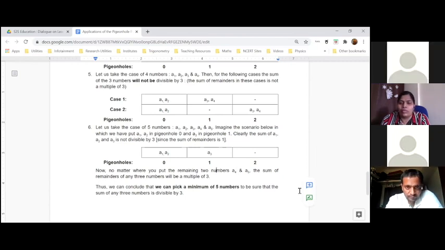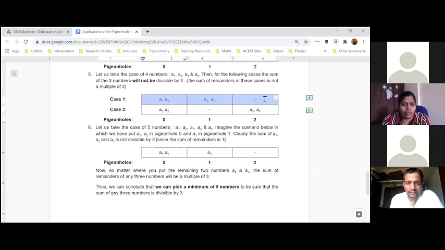So I would like to present another proof. Shankar, do you have any comments on this, or any alternate way of looking at this? That fifth point, case 1. You have placed A1 and A2 in pigeonhole 0, right? Consider the case of 4 numbers.